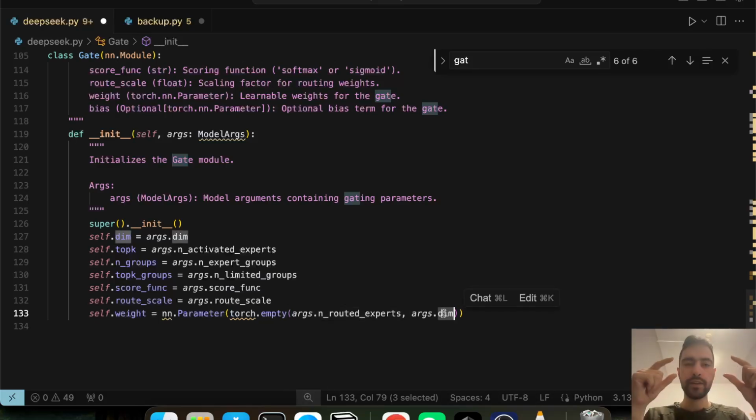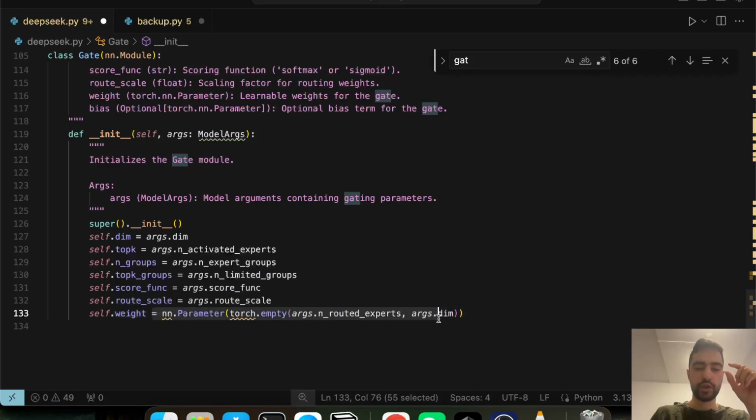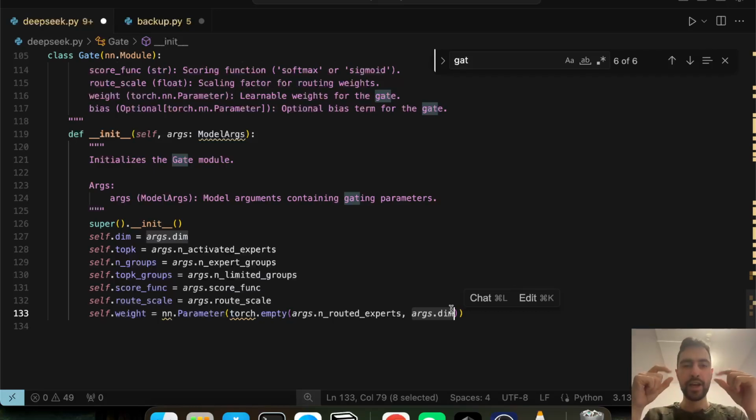So you take a token or the vector embedding of that token that's juiced up with the context around it after the MLA, and then you multiply that token with this matrix transposed, so it will multiply that dimension, the token vector with this dimension, it's gonna be the same dimension, and what it will give you is an array of scores for each expert. So you see here you have number of routed experts, so you will get an array of scores for each expert.